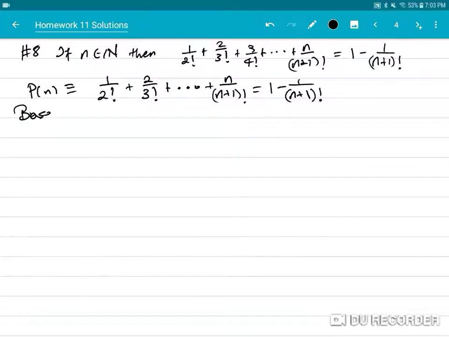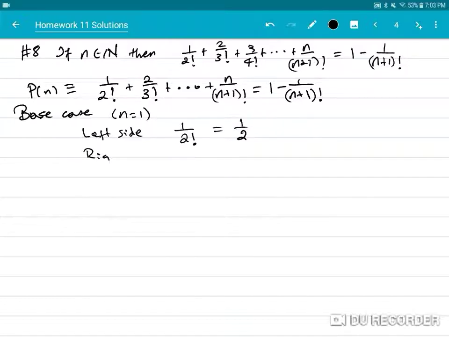Now for a base case, that's for n equals 1. Let's calculate the left side of P of 1: 1 over 2 factorial. So n is 1, so we stop at 1 over 1 plus 1 factorial. This is 1 over 2.